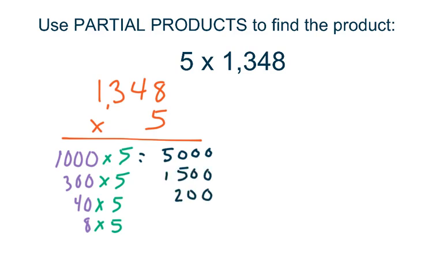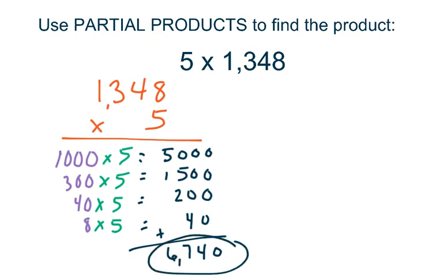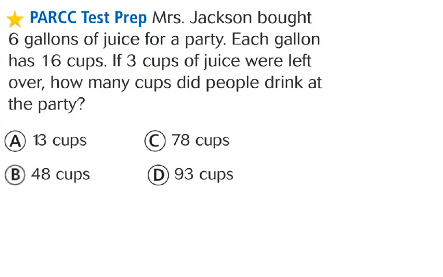Notice how I'm lining up all of my place values so that I can add them easily. And my final step is to add. If you don't line up your place values, it's going to be very challenging for you to add these problems. So please make sure we're lining our place values up. My final product is 6,740.